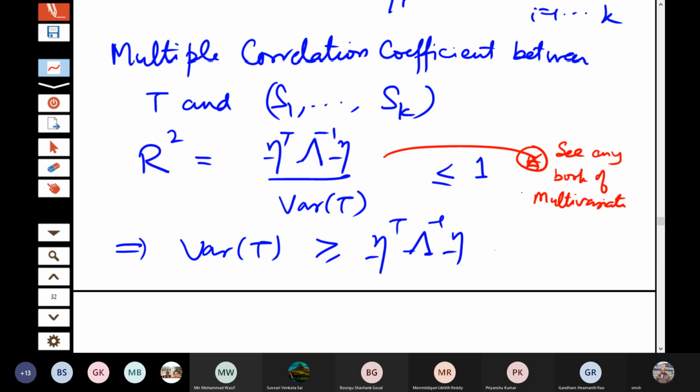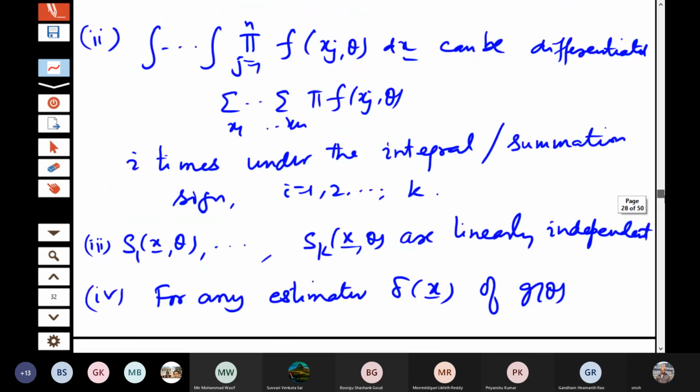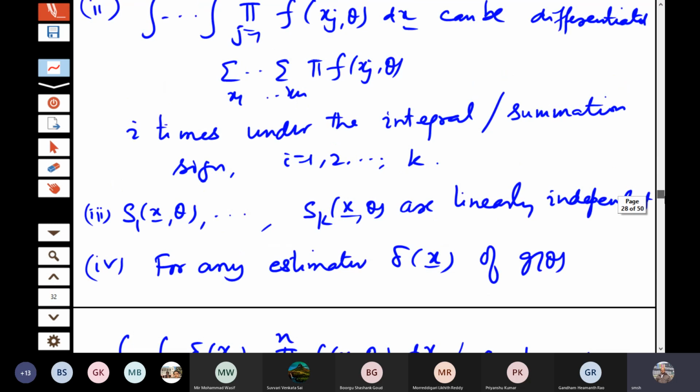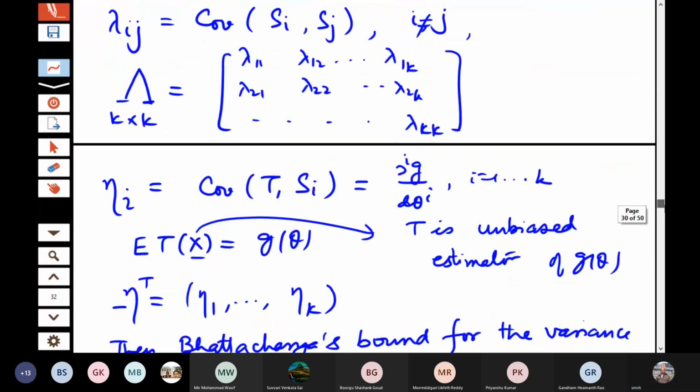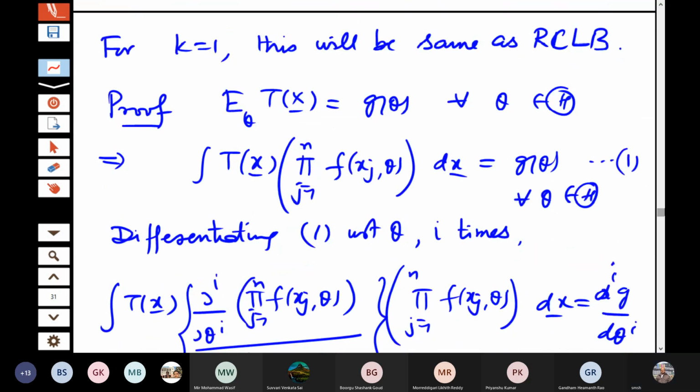So can you explain it again? So the regularity conditions were modified from the Rao-Cramer lower bound to higher order derivatives. Earlier we have written that they can be differentiated. Now I have written differentiated I times. The starting point for RCLB was expectation of T is equal to G theta, and this expression we differentiated with respect to theta.